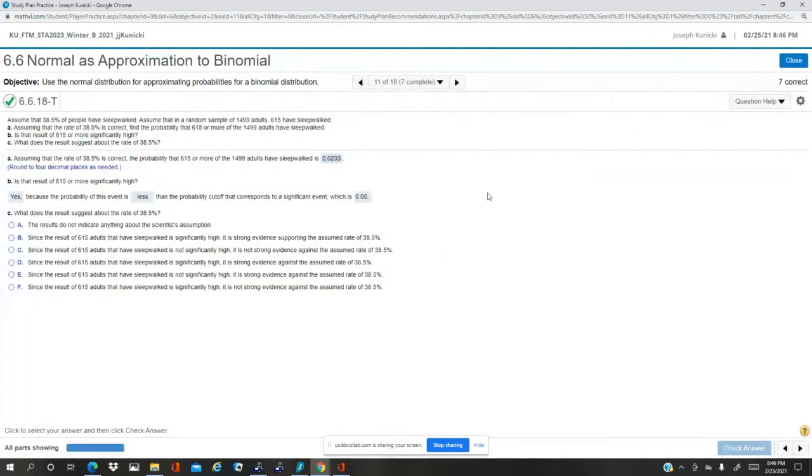What do the results suggest about the rate of 38.5? Well, 38.5 is at the middle of our distribution, and we actually came up with almost 58%. And so since we're way in the tail, we can say that claim is not supportable. We can't support the claim. We have to go with an alternative.